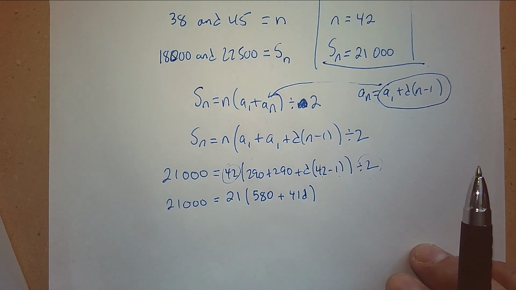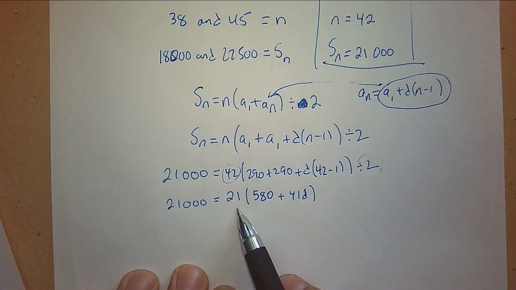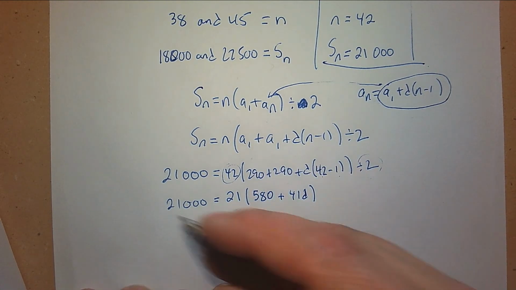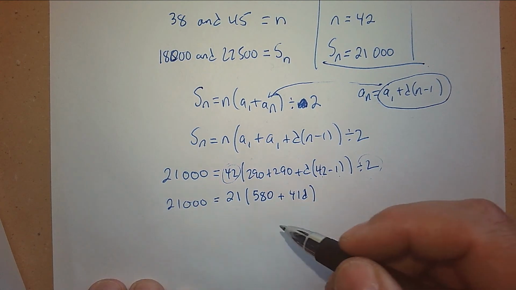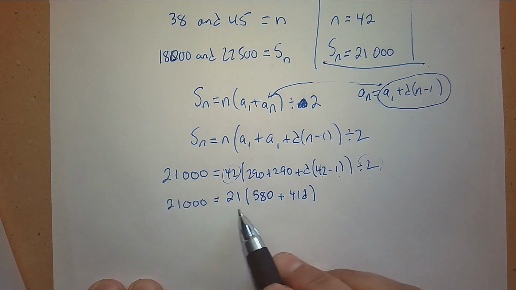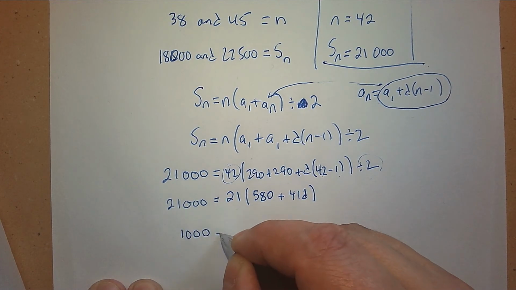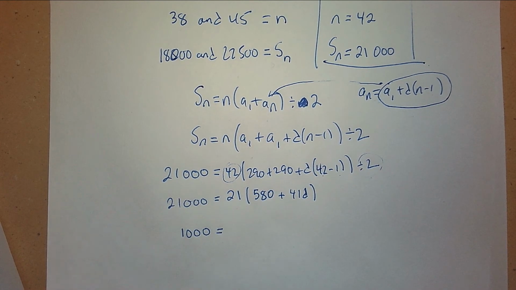The next step. What number is now in front of the parentheses? 21. To undo that, I'm going to divide both sides by 21. So what am I dividing? What's 21,000 divided by 21? So for me, that number is 1,000. For you, it might be a decimal, and you're going to round to a whole number. You're not going to put a decimal down.